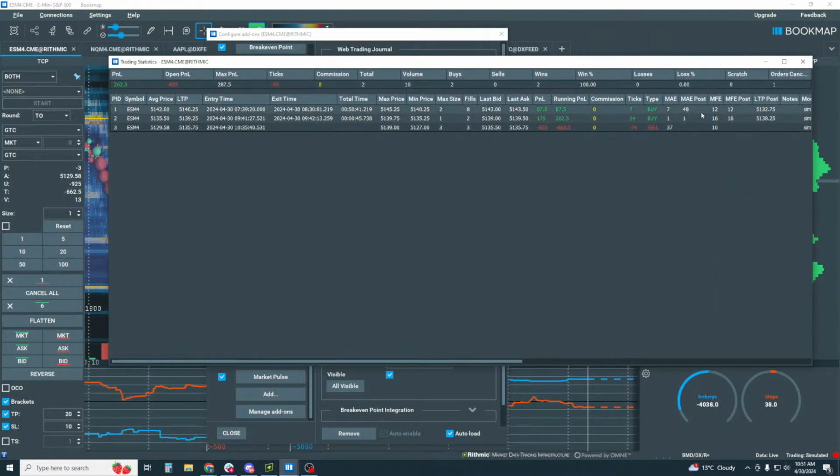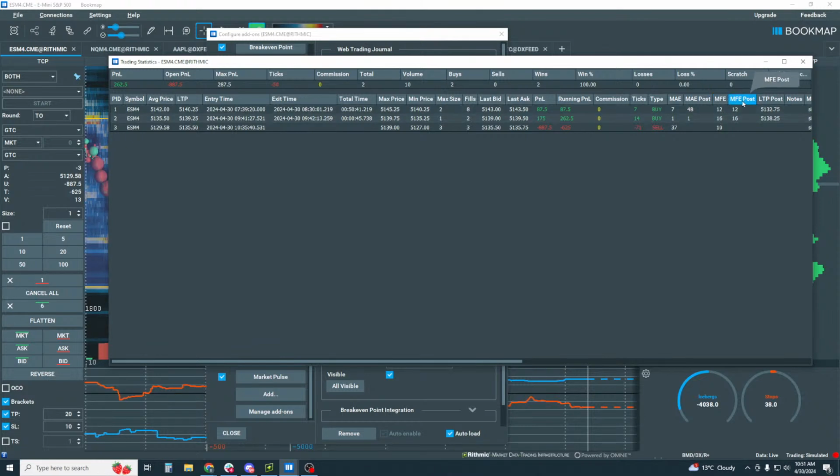These are really excellent to see your maximum adverse excursion, which you will only see after the trade, and then favorable excursions, and then post favorable excursions as well.